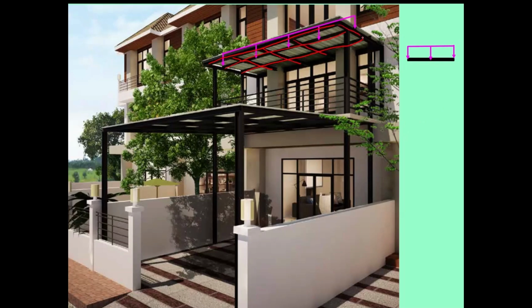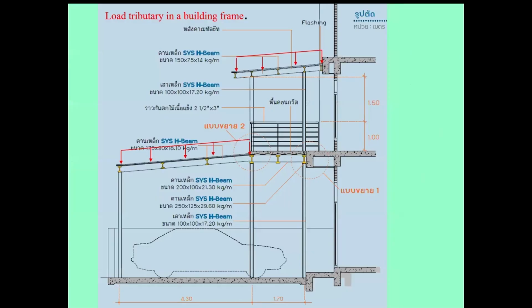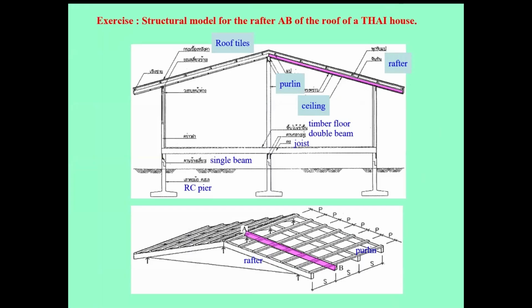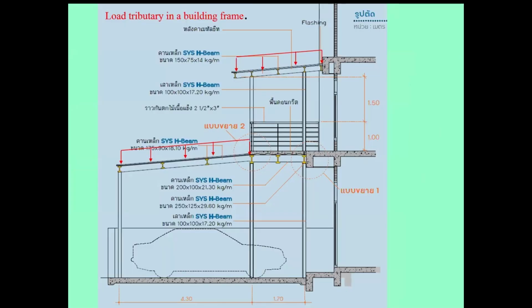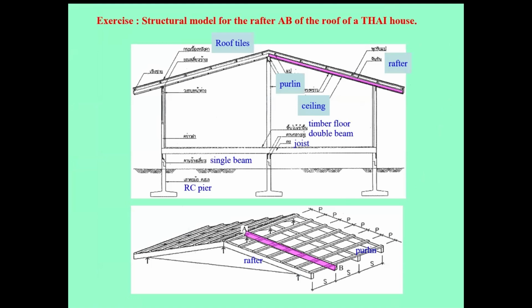Okay, the load is going to be transferred from the roof to the small beam, and then from the small beam to the large beam. Large beam is supposed to be the beam that connects the column. That's the bigger concept. Then you may determine the reaction and transfer the load acting on the structure. And then you may detail the structure, model each object, analyze it and decide on it. And this is an answer.